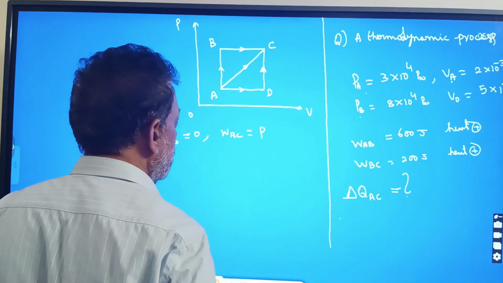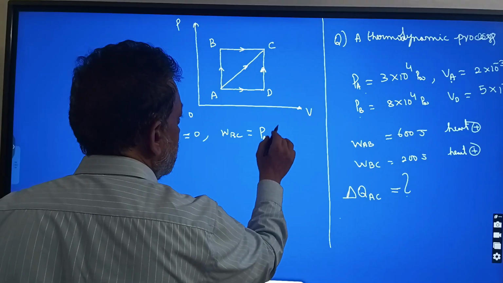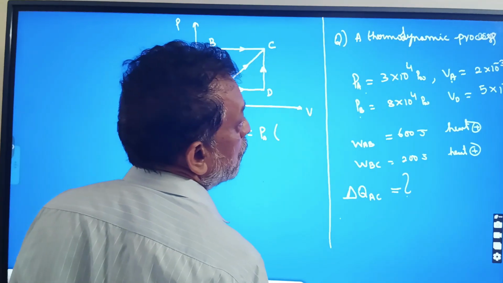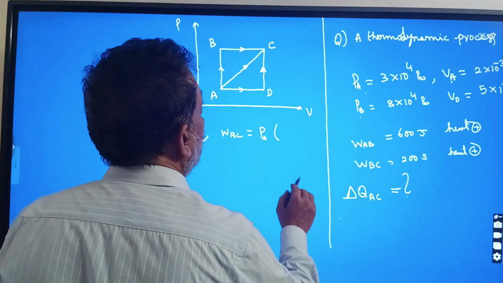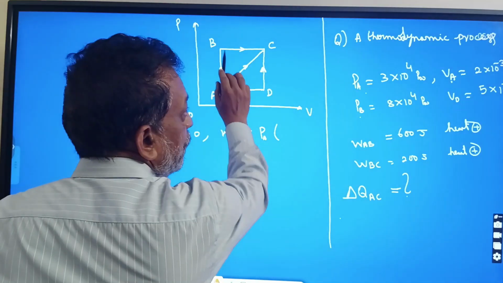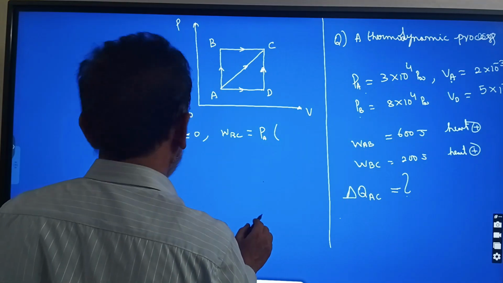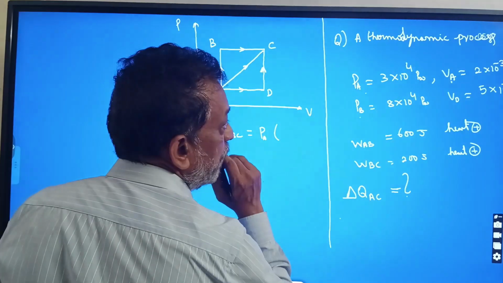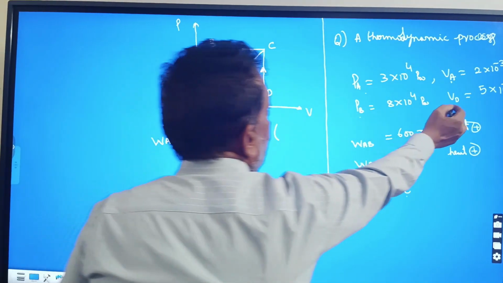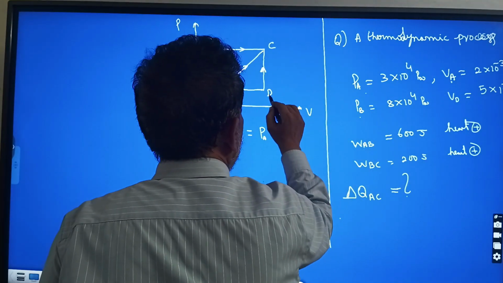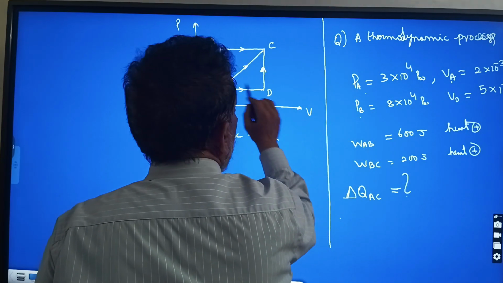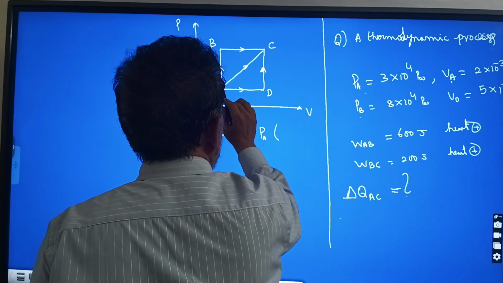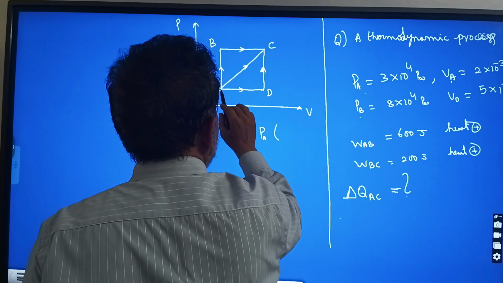They are constant pressure processes, so work is pressure into difference in volume. So volumes are given. The volume at B is 5, the volume at D is 5, so the volume at C is the same. The volume at A is the same volume here.